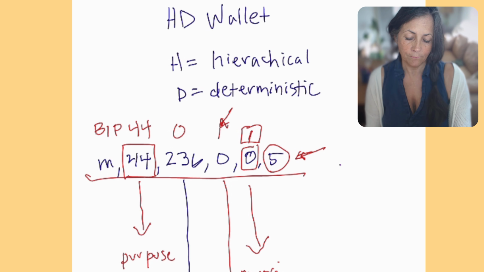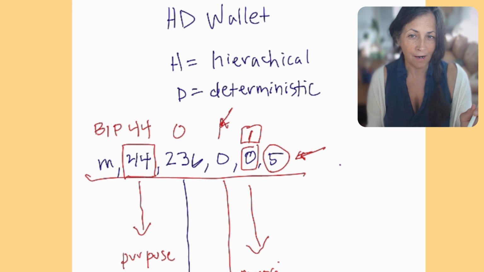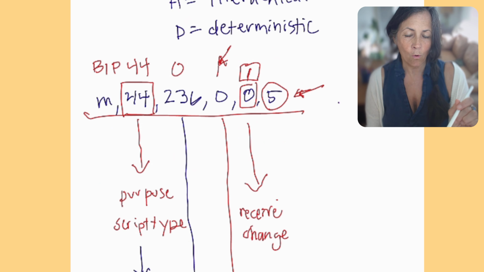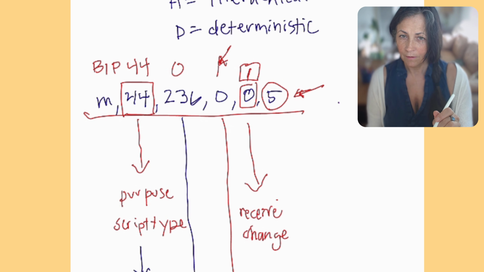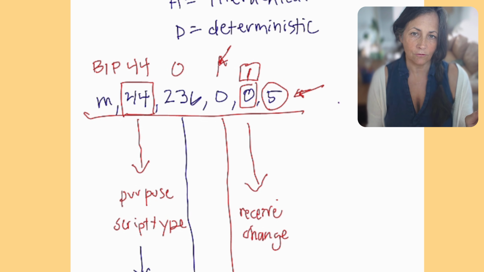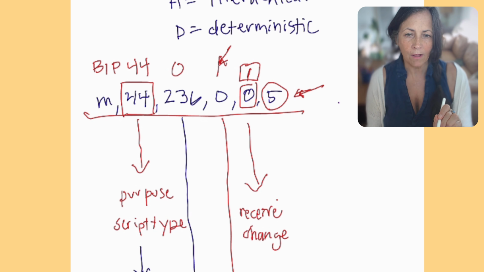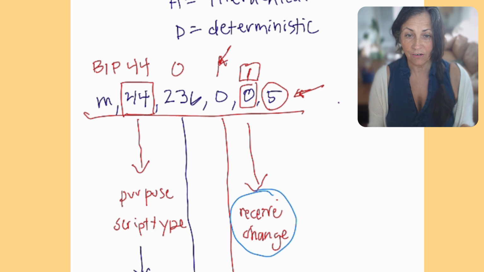So all of, and this is where I'm going a little bit higher level, but only UTXO coins, typically proof of work, like BSV, BTC Core, BCH, Litecoin, etc. There's only a small handful that would have this receive or change part.